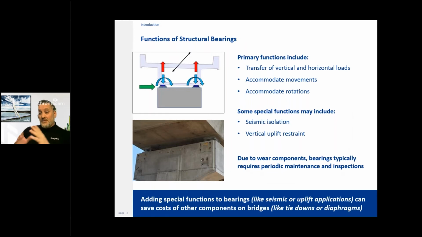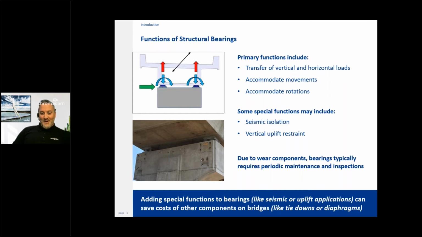Generally speaking, the functionality of the bearings involve the transfer of vertical loads primarily, horizontal loads secondarily or sometimes primarily, and then of course all the movements and rotations necessary between lower and upper connection surfaces. And of course bearings can also be capable of things like seismic isolation or the restraining of vertical uplifts.